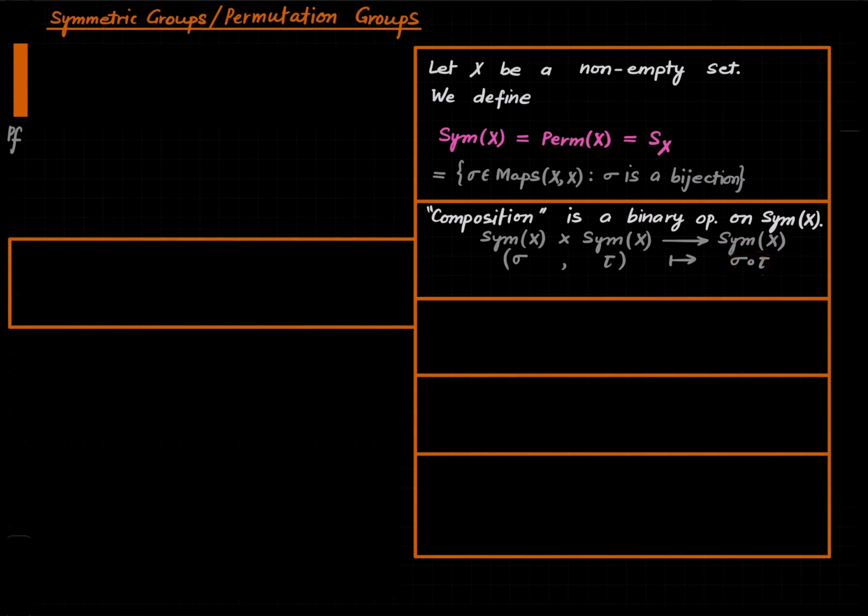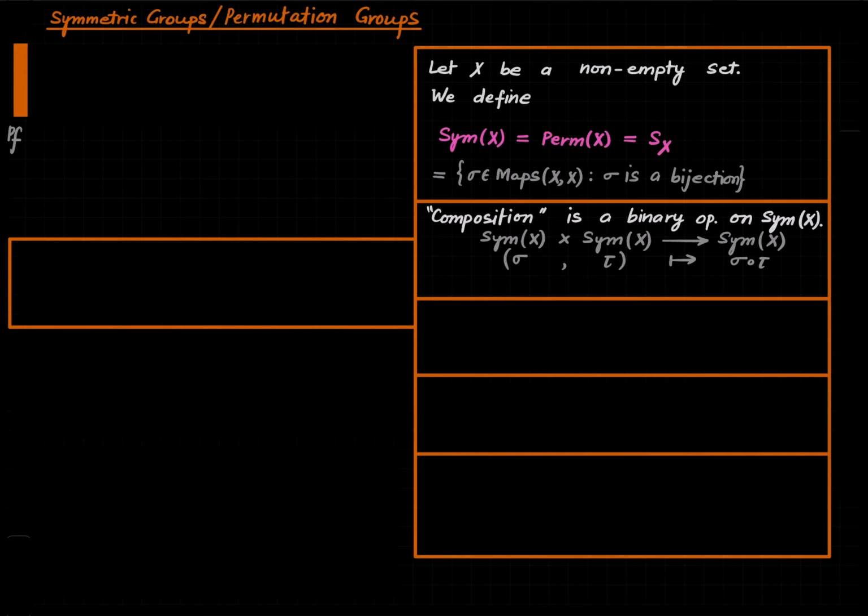Composition is also a bijection on this other set, that's okay, but we are not talking about this object, we are talking about this object. Composition of two maps from X to X is a map from X to X, and composition of two bijections from X to X is a bijection from X to X. So that's that.